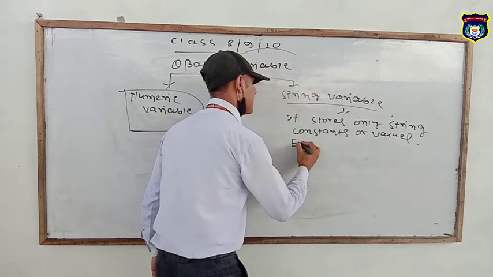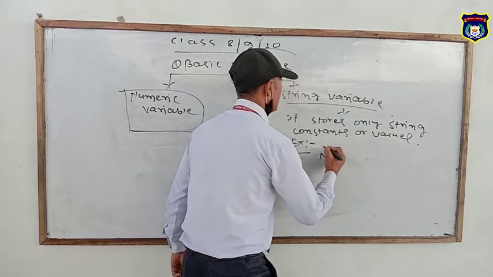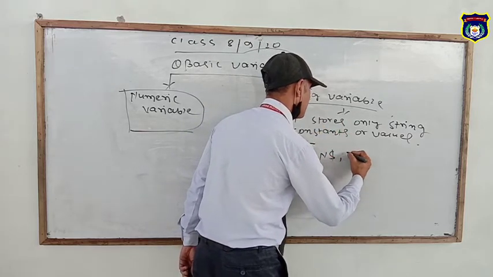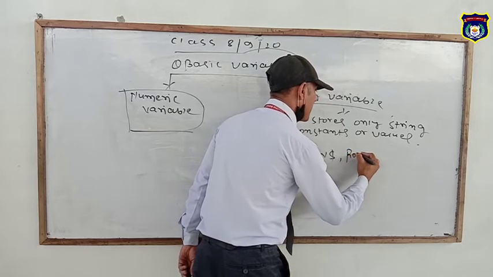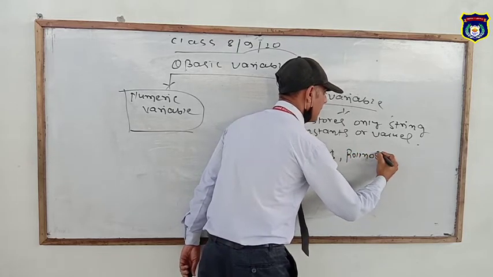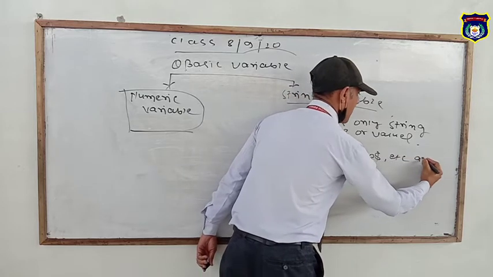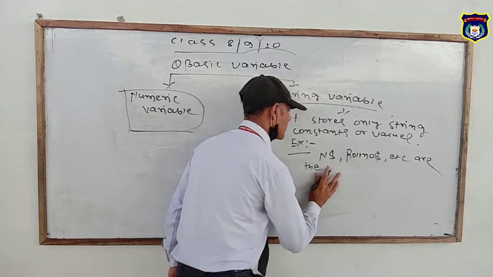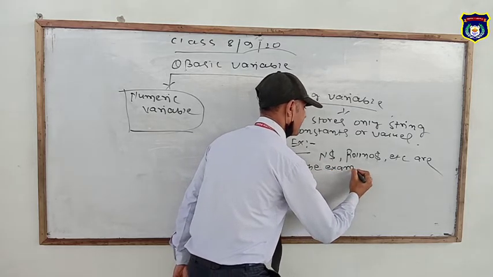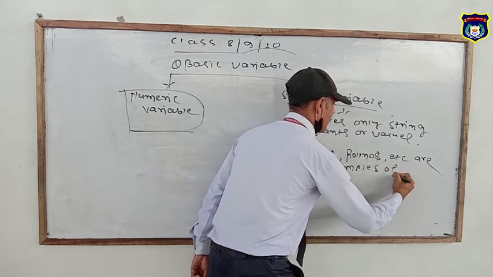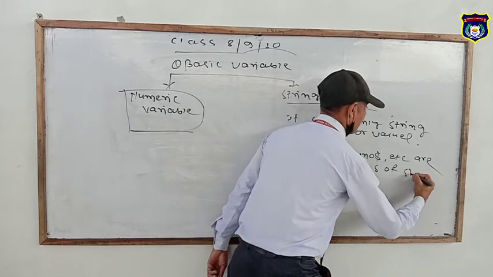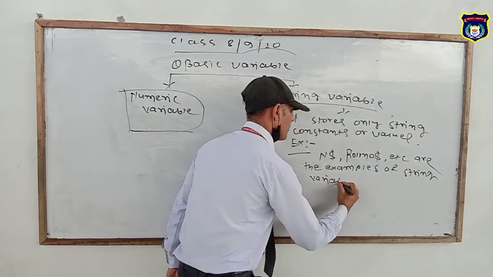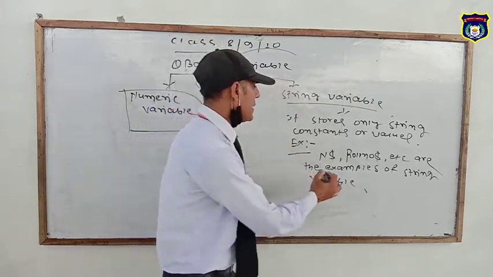A simple example, we can take: enter, roll number, etc. are the examples of what? String variables. The main thing here is that they are terminated by the $ sign.